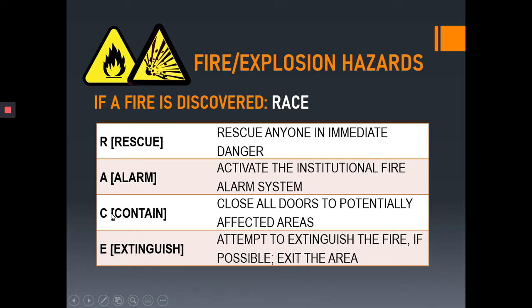C, contain, close all doors to potentially affected areas. So this is also to cut the supply of oxygen to the area, because in the presence of oxygen, your fire will get bigger. Then E, extinguish, attempt to extinguish the fire and if possible exit the area.